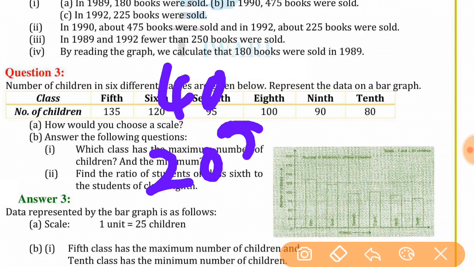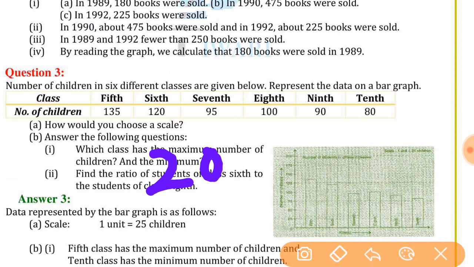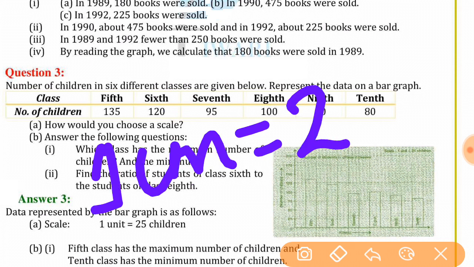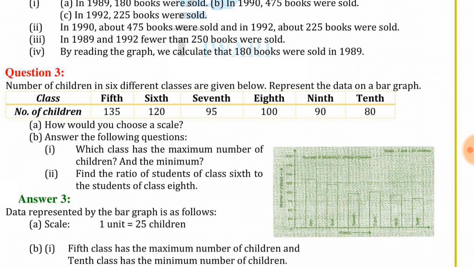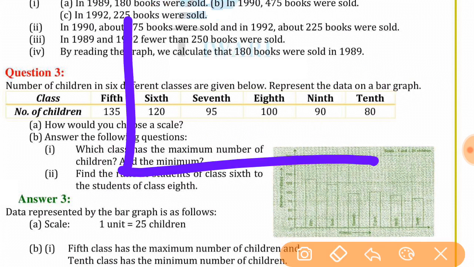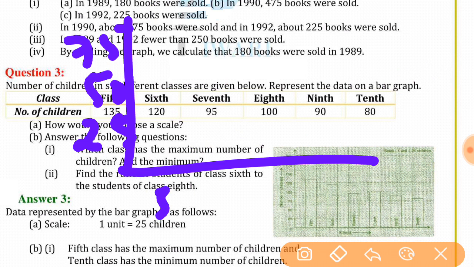So what we can do is take a scale as 1 centimeter is equal to 25 children. So 25, 50, 75 like that. Here will come the classes 5th, 6th, 7th like this.